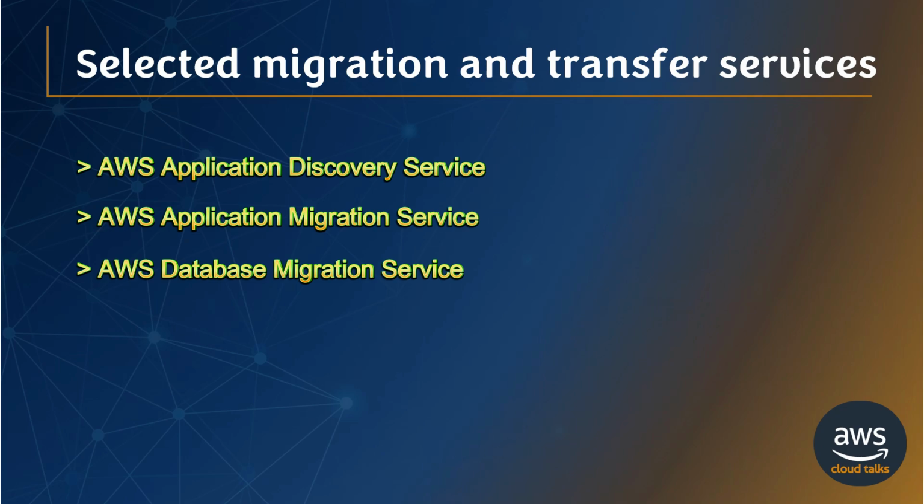The AWS Database Migration Service can migrate your data to and from most widely used commercial and open source databases. This service supports homogeneous migrations such as Oracle to Oracle, as well as heterogeneous migrations between different database platforms such as Oracle to Amazon Aurora or Microsoft SQL Server to MySQL.